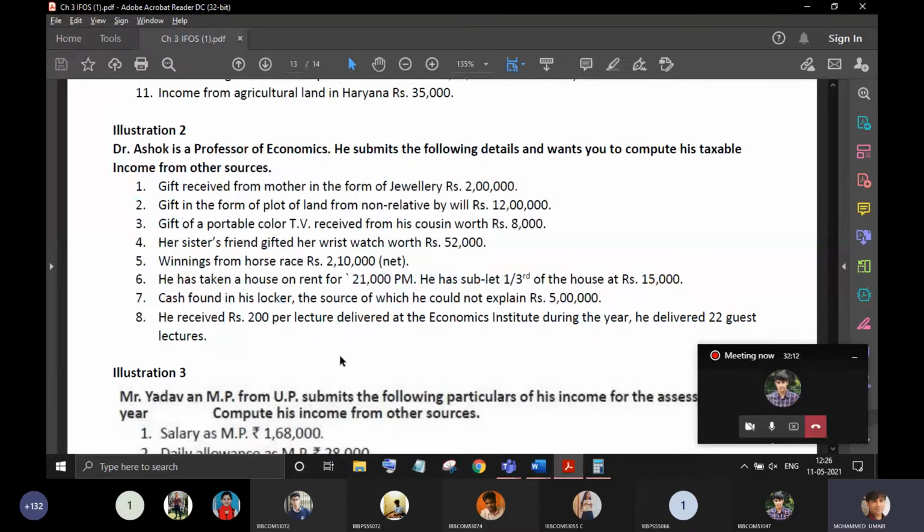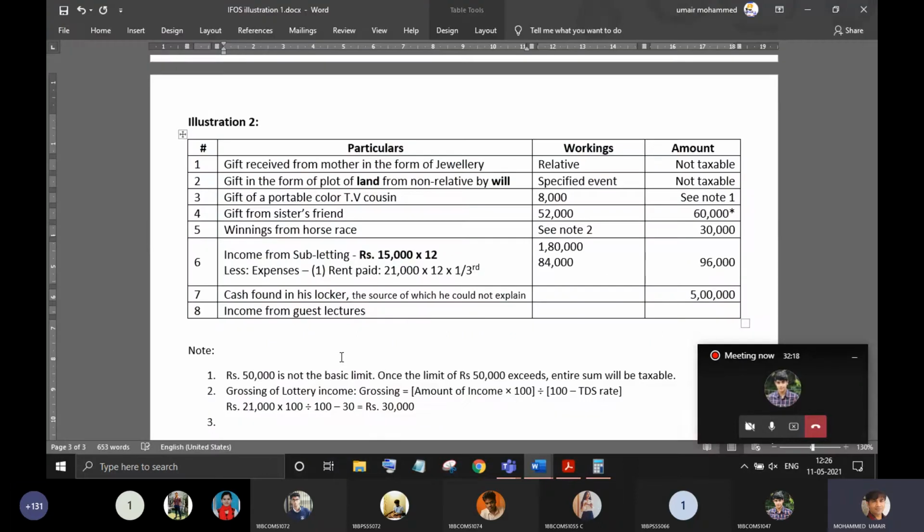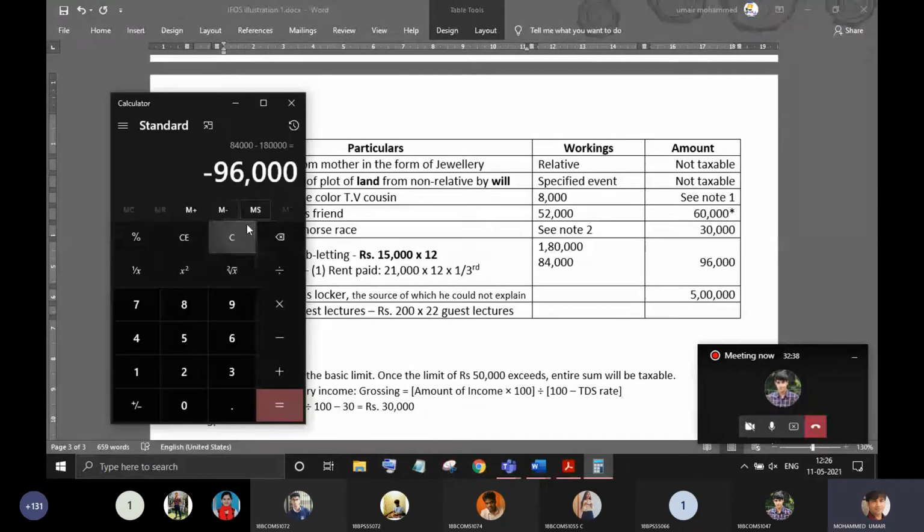So when you go and deliver a lecture somewhere else, that can't be your salary income, and therefore it is taxable under the head other sources. So he has earned rupees 200 per lecture into he has delivered 22 guest lectures during the previous year. 200 into 22.